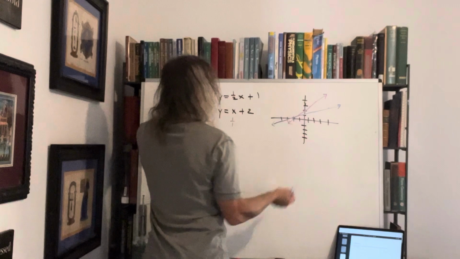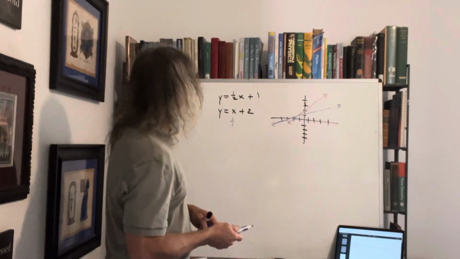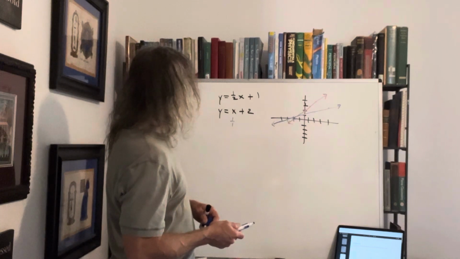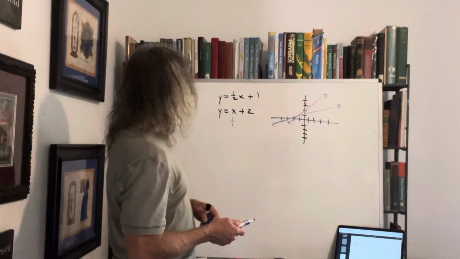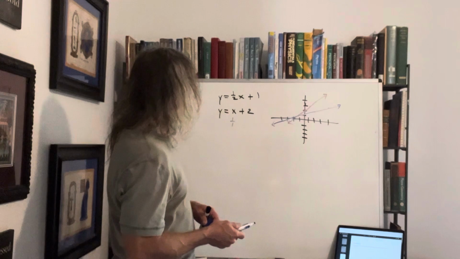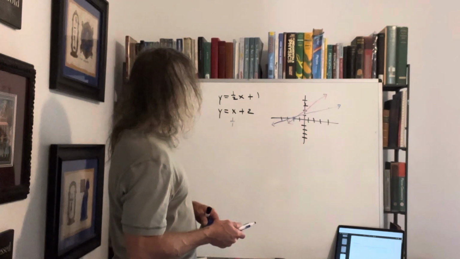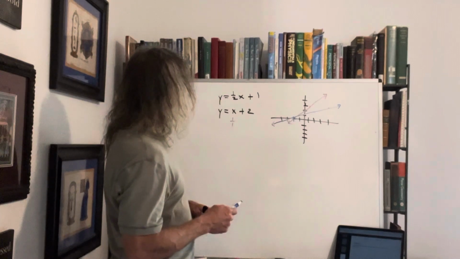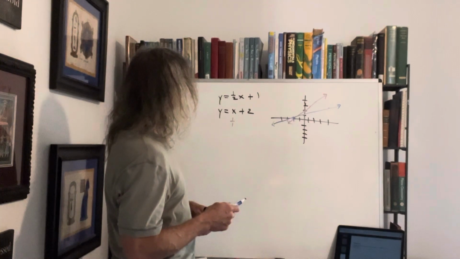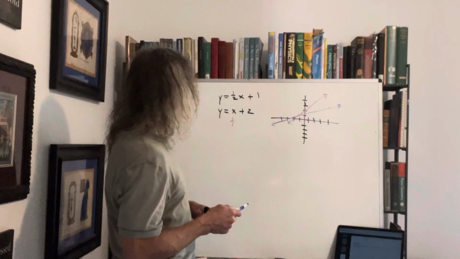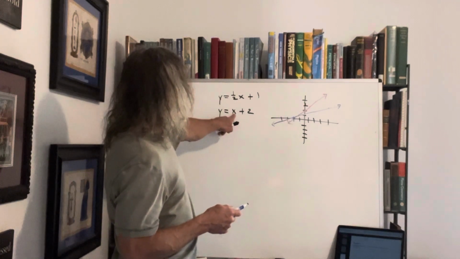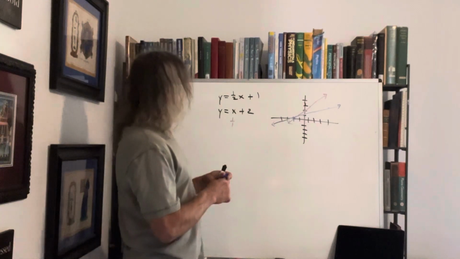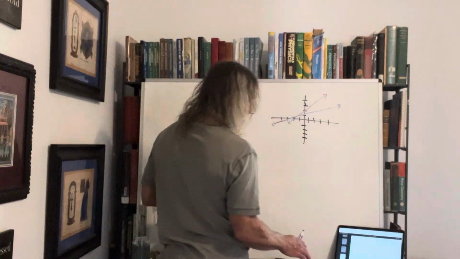Notice they hit right here. It's a little off. Rise over run, rise over run. So cool. Our solution is (-2, 0).